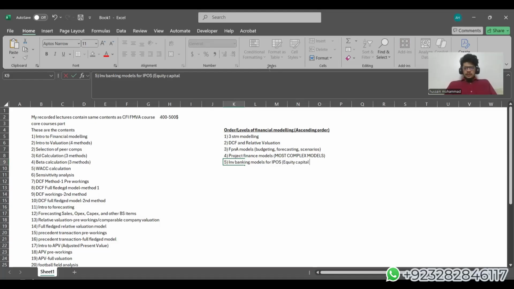Those people who are doing CFA right now would know these terms, the capital market and debt capital. So in investment banking, there could be models where companies raise equity by issuing shares. The company is doing a private placement or secondary sale of shares. These all come under equity capital market.